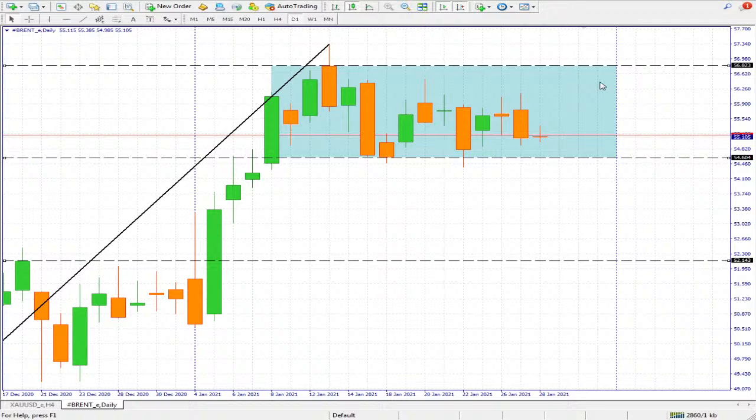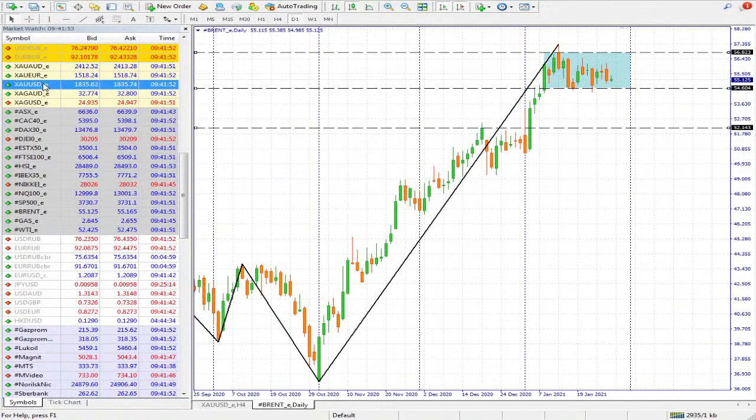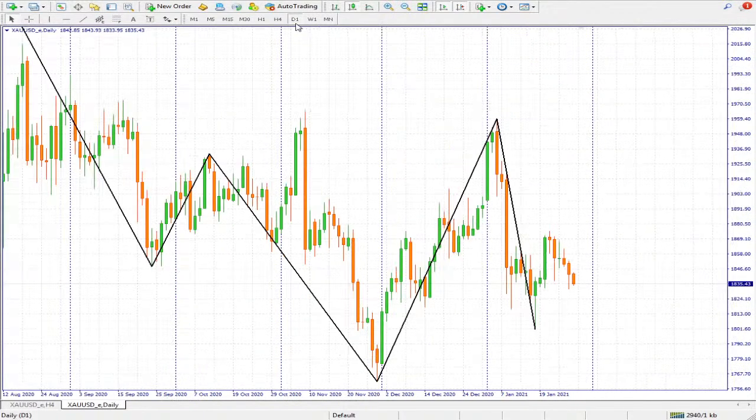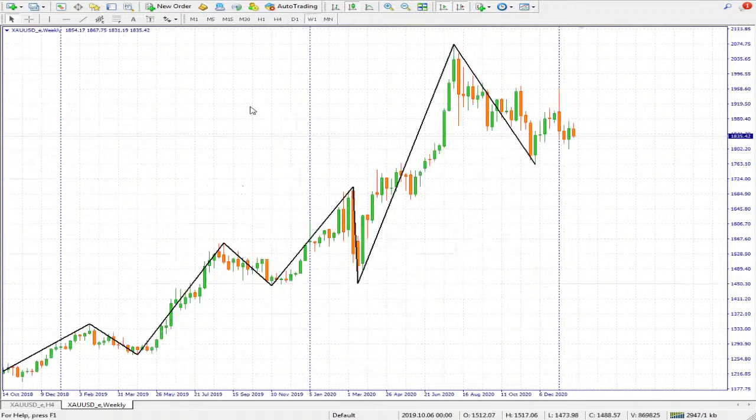The next chart I want us to look at is gold. So gold also is consolidating, but in a bearish manner, which means the price is consolidating to the lower side.